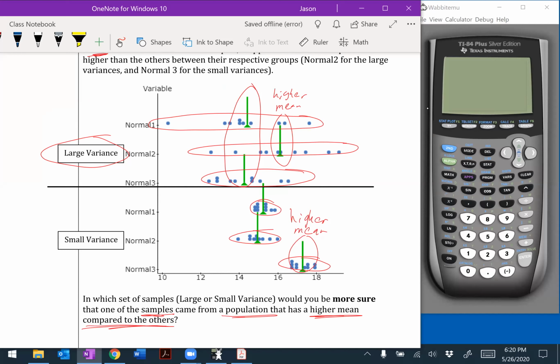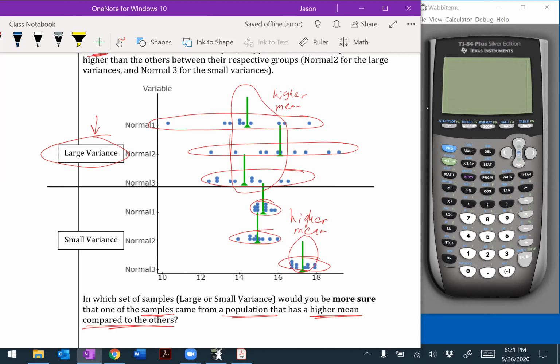Well, if I have a large variance, I can't be as certain that these means are really that much different, because the data is so spread out that they can all be within a certain range where the means could all roughly be about the same.